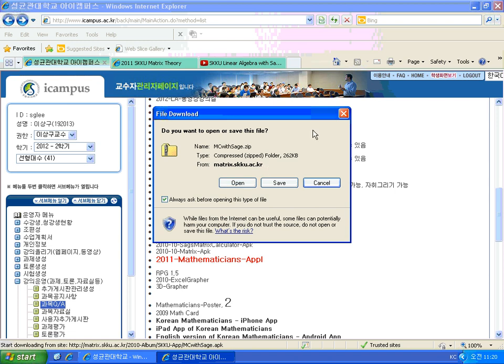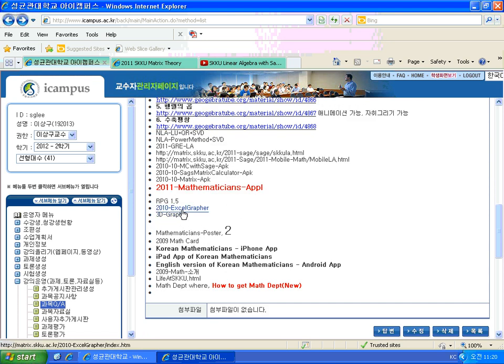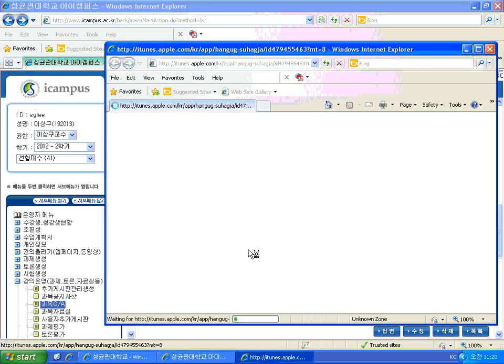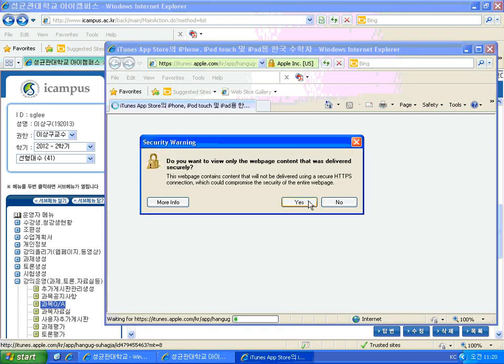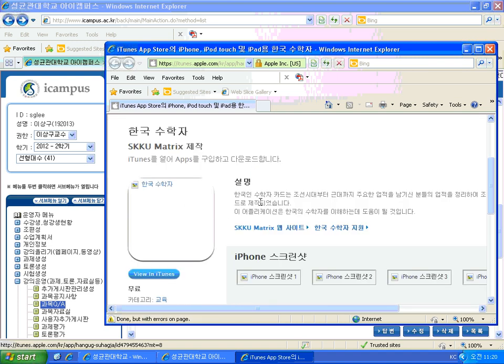If you install it, then you can really do the matrix series computation in your hand. There are some more. If somebody has an iPhone, this is the iPhone application that you can download, and you can download the iPhone application of the one that we made to do so.